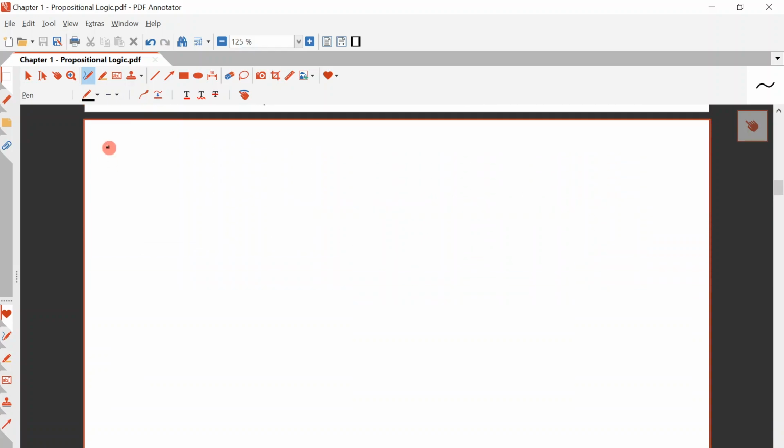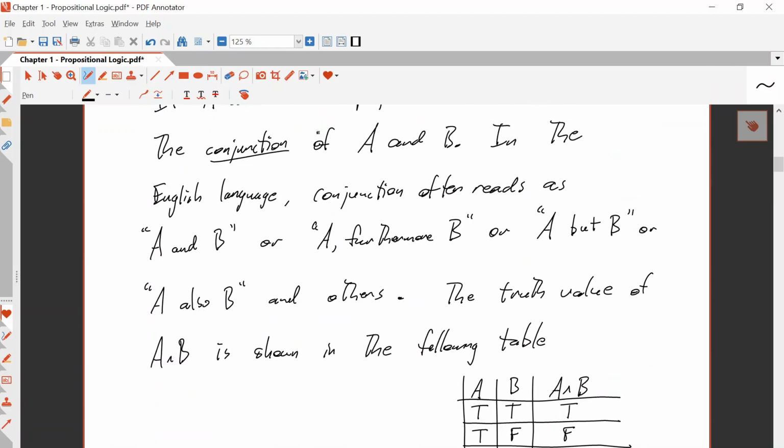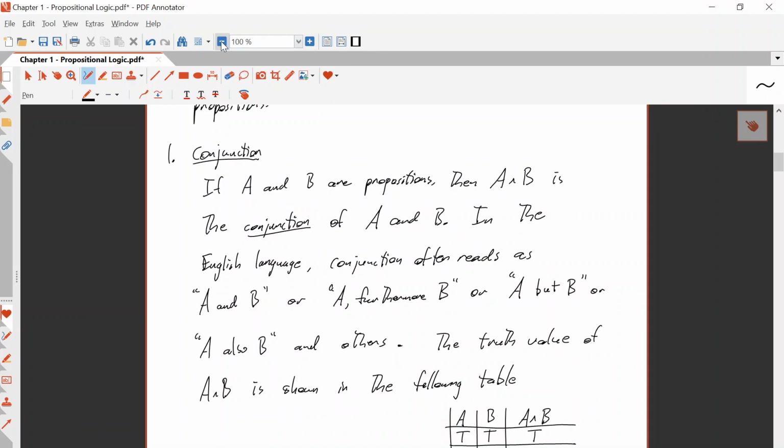So that's conjunction. The second connector is called disjunction. And disjunction, so let me write it in exactly the same way I wrote it here.